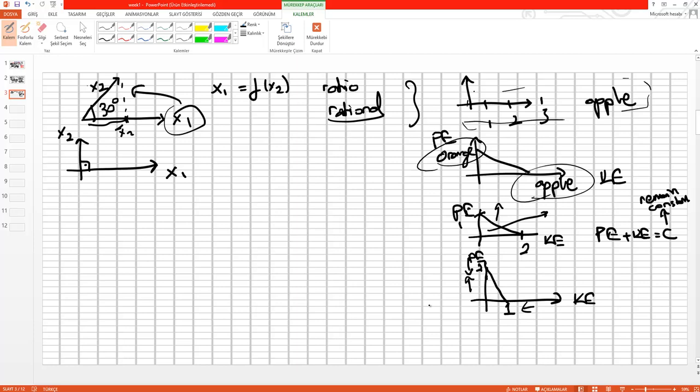Just like the root equation, because we have two roots: acceleration, velocity, and position. And we can derive the kinetic energy and potential energy based on this information.